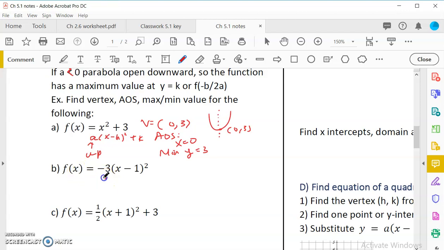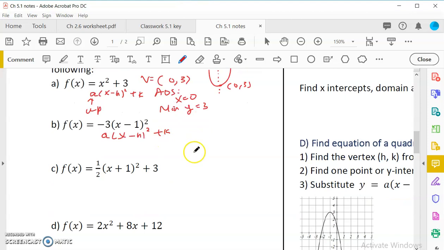Another one, b. So I have a(x minus 1) squared plus k. I match it because this looks like a vertex form. So my h is exactly 1. My k is nothing. So the vertex is at (1, 0), shifted to the right side.